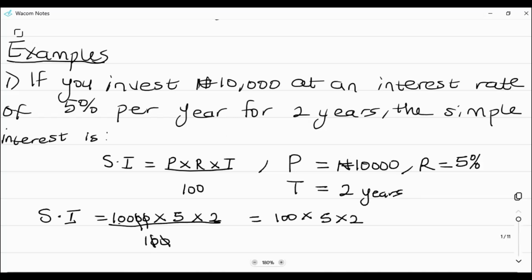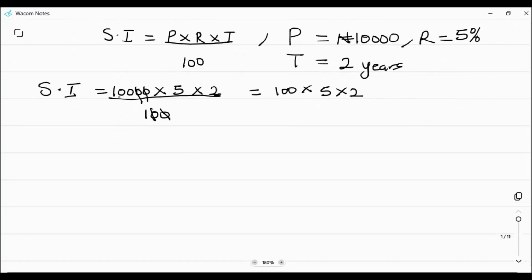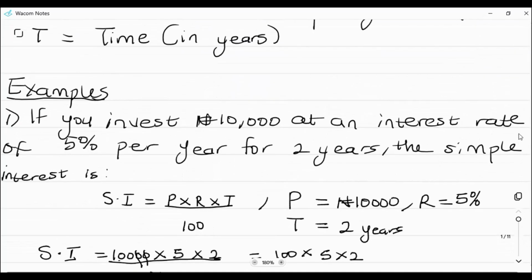With that, we know that SI is equal to 100 times 5 times 2, which gives us 1,000. So we have this to be 1,000 naira. So the interest for that question is 1,000 naira. This is how you can easily solve simple interest.